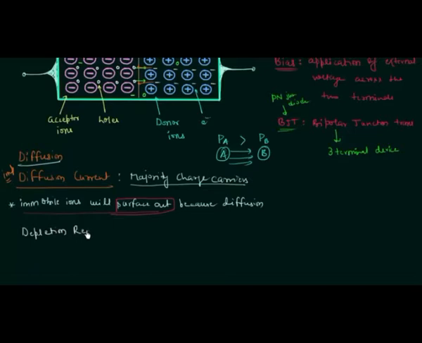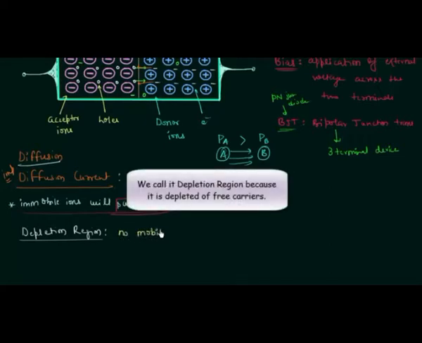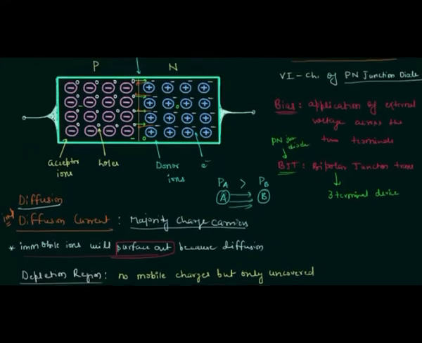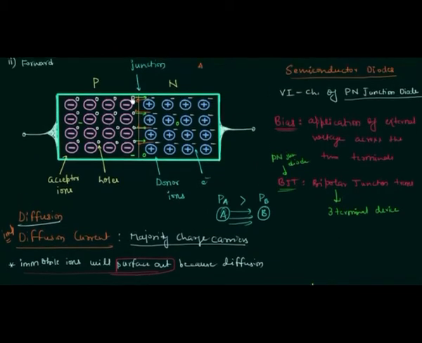Depletion region: in this region there are no mobile charges, but only uncovered immobile ions are there. And as I have already explained, there are no mobile charges because the holes and electrons are combining with each other and we are left with negative and positive ions.